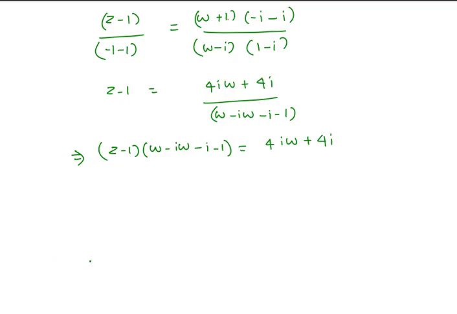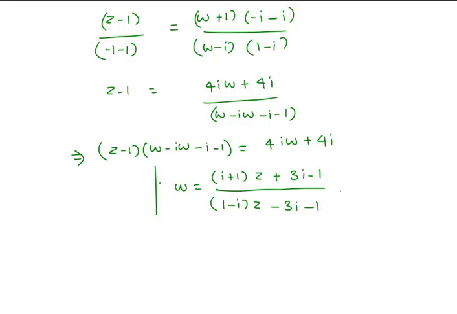If we solve this for w, we get w = ((1 + i)z + 3i - 1) / ((1 - i)z - 3i - 1).